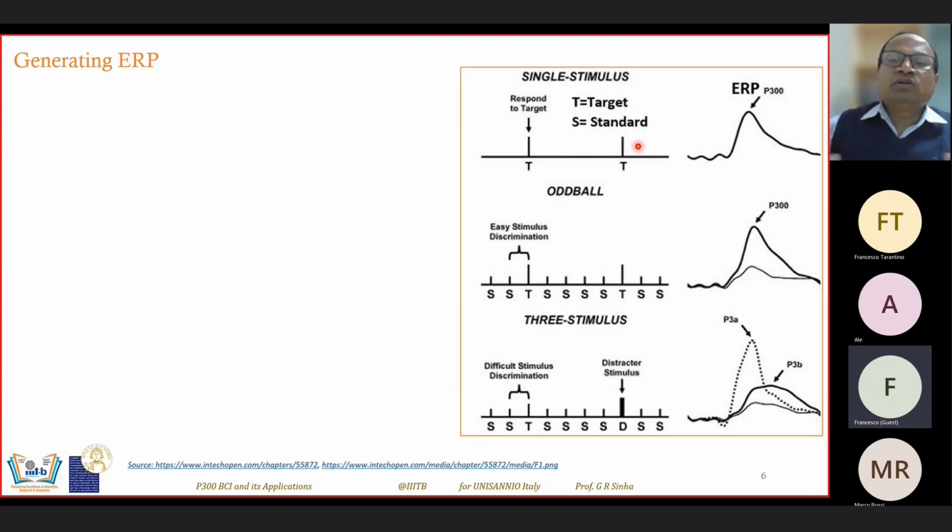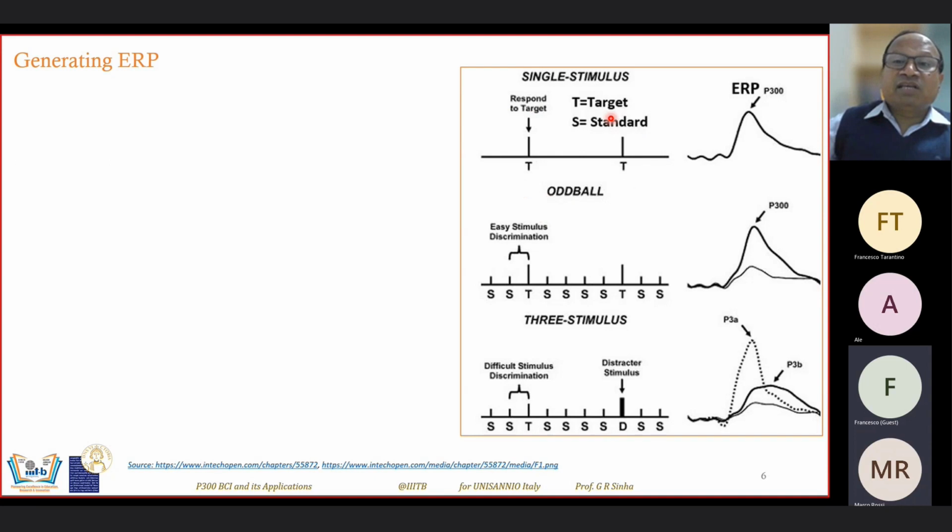Remember, I was telling you, therefore it is called oddball. What does oddball mean? Something which is odd, something which is surprising to you will be your target, not all the things which you are seeing. Something which creates a sudden impact is therefore called an oddball.